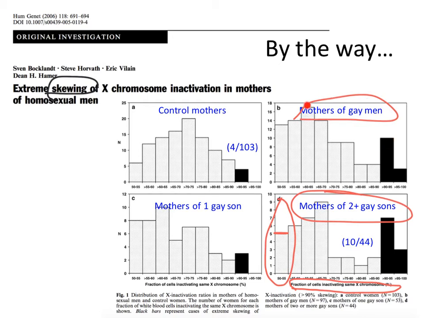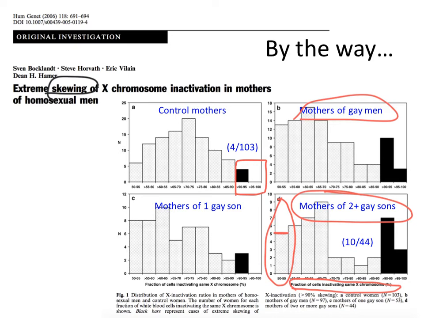But if you compare this side to the controls, so here's control mothers, mothers that hadn't presumably produced any hetero or homosexual offspring, male offspring, only 4 out of 103 women in this trial had 90% or greater of their cells with only one X chromosome turned on. In other words, in 90 to 95+% of their cells, the same X chromosome had been turned off.